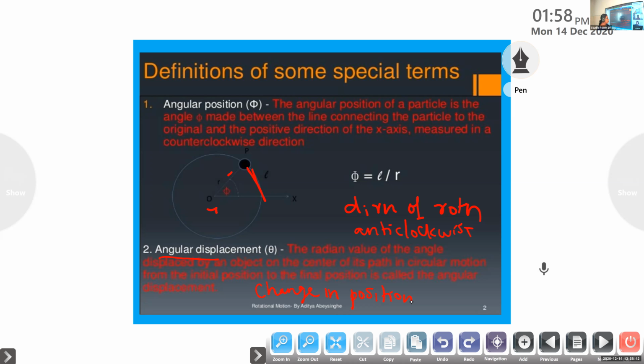And the SI unit is radian. In brackets you can write: it is the radian value of angular position phi. That is how this and this are connected.